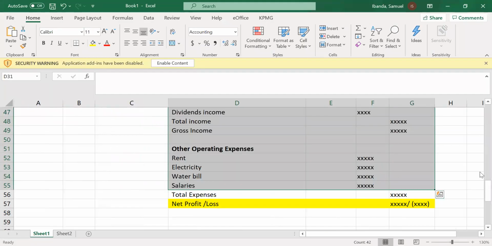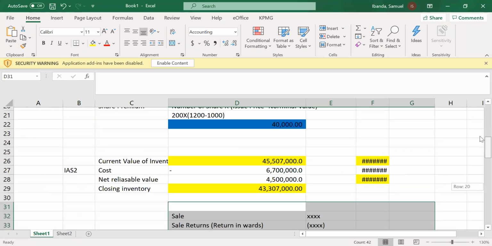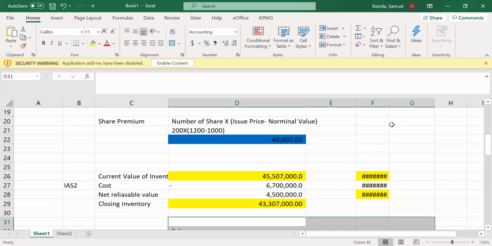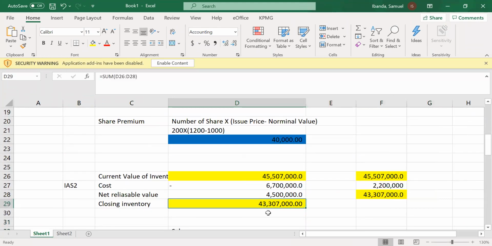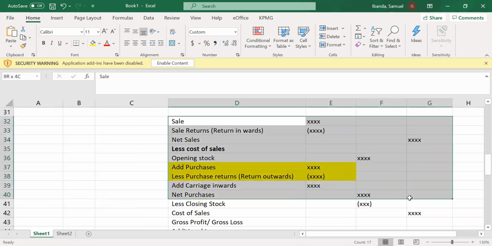So I'll just come here. We saw that our inventory, somewhere here, was the closing inventory that they were supposed to use, but they rather used a higher figure. So I'll come to my statement of P&L. This is the statement of P&L that I have in mind.